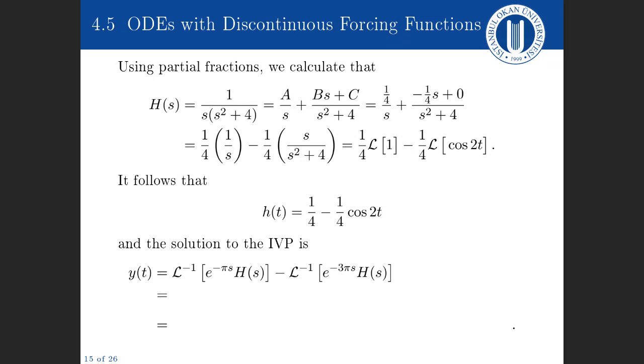I want the inverse Laplace transform of e to the power minus pi s, capital H, minus the inverse Laplace transform of e to the power minus 3 pi s, capital H. It's time to use the shifting formula. That's the same as u pi, h at t minus pi, minus u 3 pi, h at t minus 3 pi.